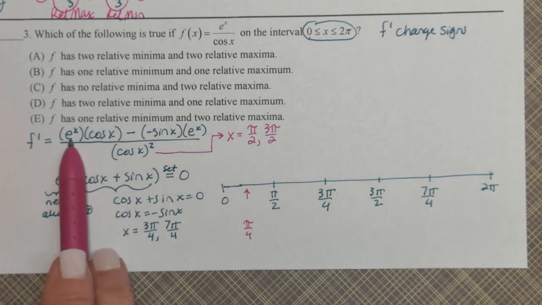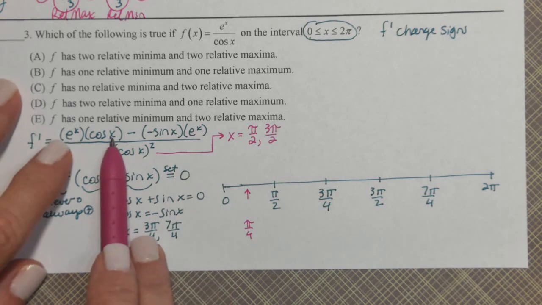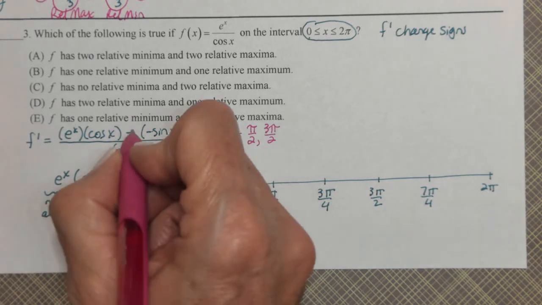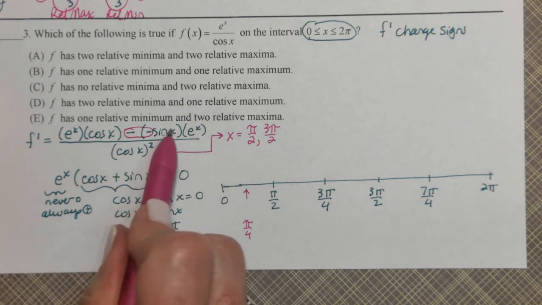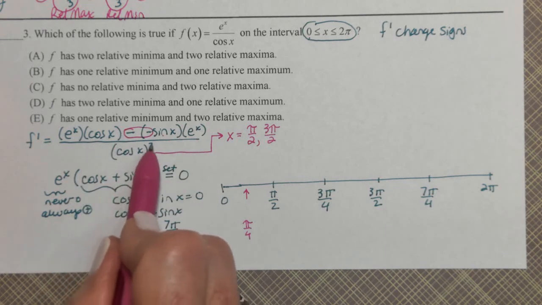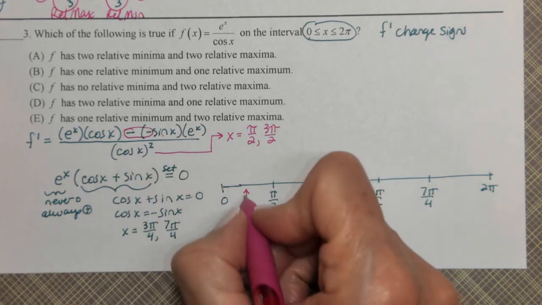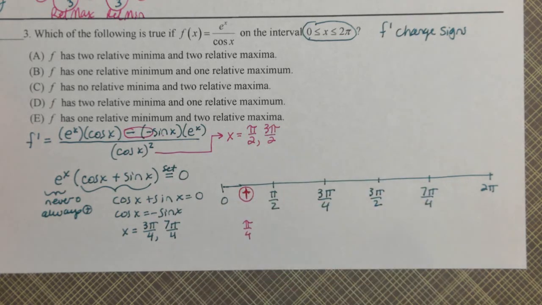E to the x is always positive. Cosine of pi over 4 is positive. A negative times a negative is a positive, and sine of pi over 4 is positive. All positive there. Cosine of x squared is also positive. So this interval right here is positive.